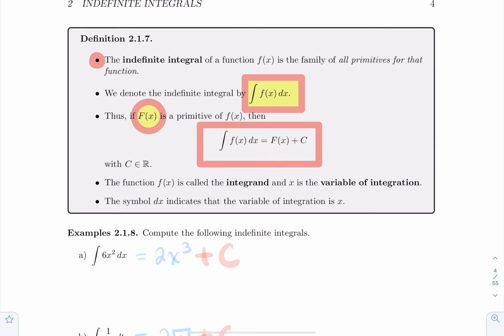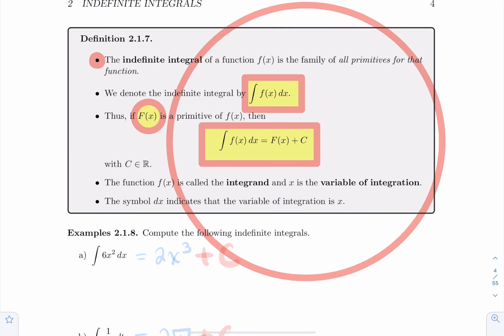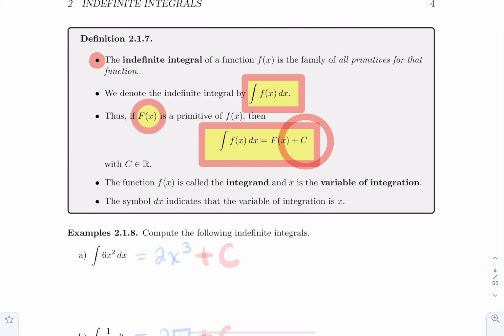So you need to write the plus c. It needs to be absolutely clear that when you're computing indefinite integrals, you're going to answer with a family of functions and not a unique function. Okay, this is really important. You're really giving as an answer a family of functions.